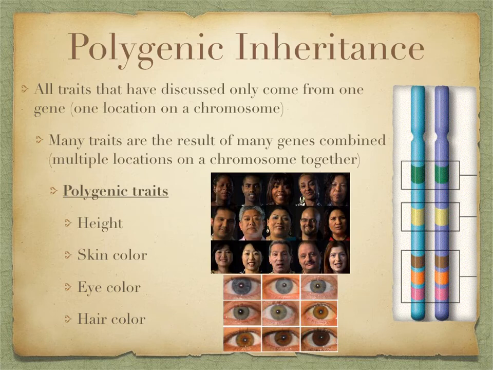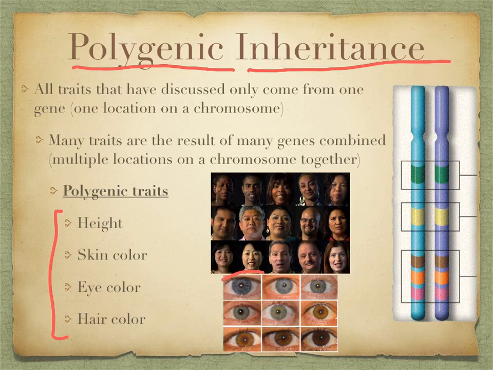Another pattern of inheritance that we're going to talk about is called polygenic inheritance. What polygenic inheritance means is poly, many, genes. There are a lot of traits, especially with humans, that have several genes contributing to the expression of one trait. Height, skin color, eye color, hair color. All of these have several genes that control their expression in humans, and as a result, we get this continuous variation.